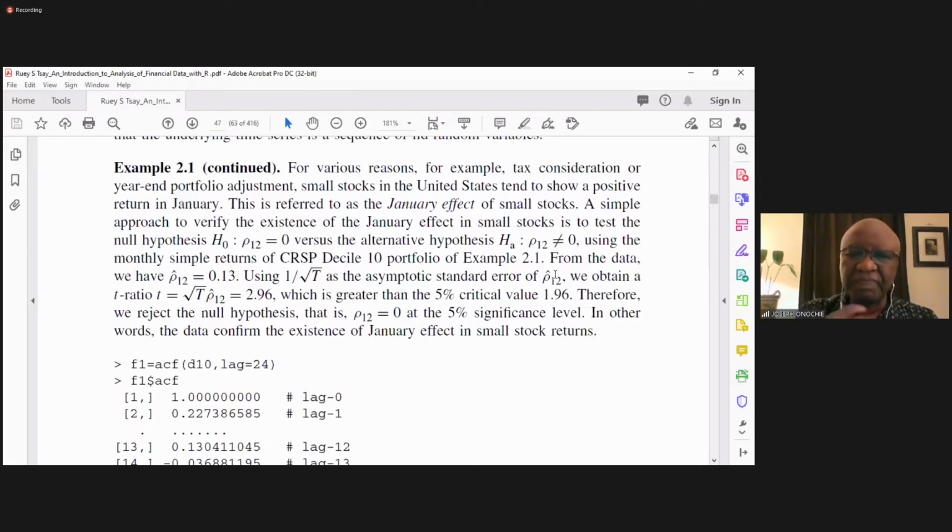Please read up to this point. It explains why we use 1 over square root of T as the approximation.